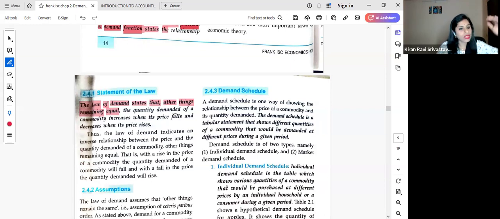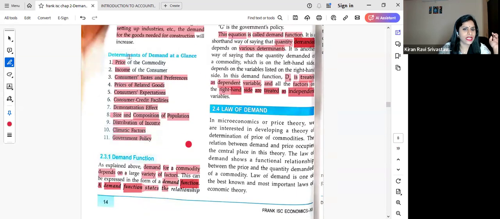That keeping all the determinants of demand equal or constant, the quantity demanded of a commodity increases when its price falls, and the quantity demanded decreases when the price rises. Okay, so you can see here the law of demand states that all the factors from 2 to 11, law of demand only takes price of the commodity into consideration.